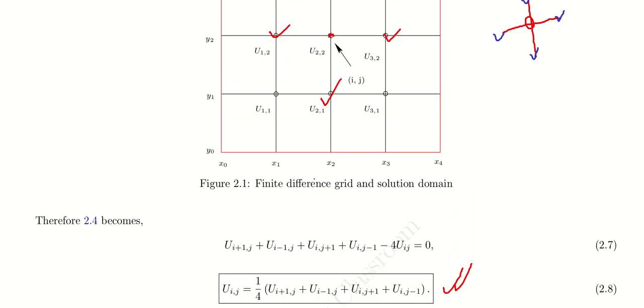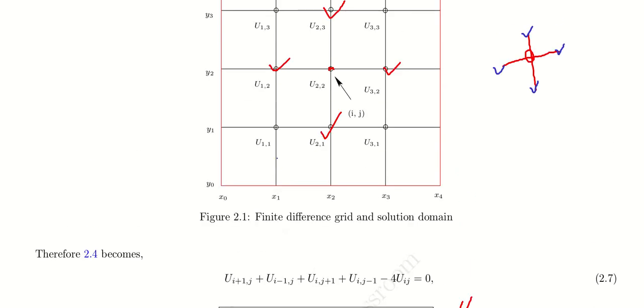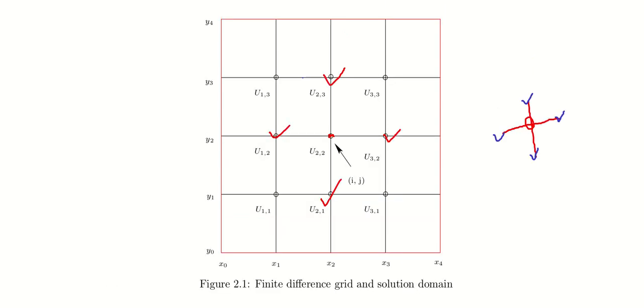Here we compute basically all the interior points. That means u11, u21, u31, u12, u22, u32, u13, u23 and u33. This is a very small grid. The boundaries, shown in red, are given by the Dirichlet type boundary conditions.